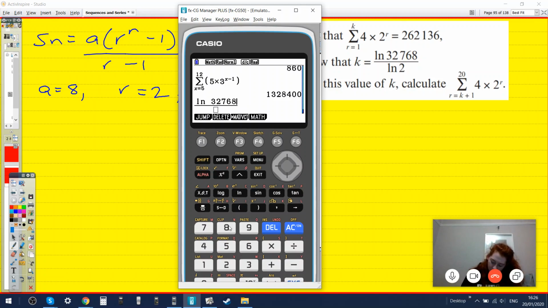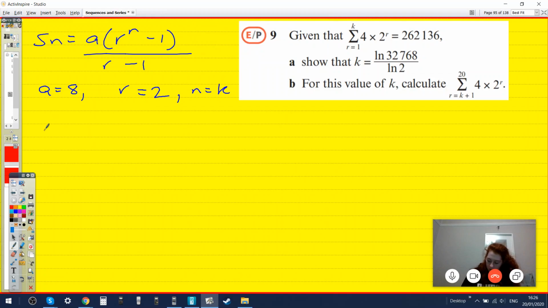So if we expand that out, 16 to the power of n minus 8 equals 262,000... Is it that?